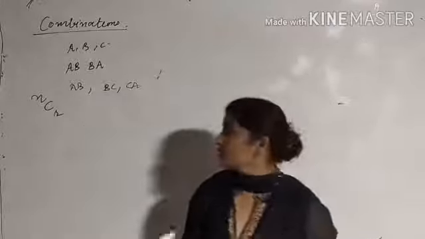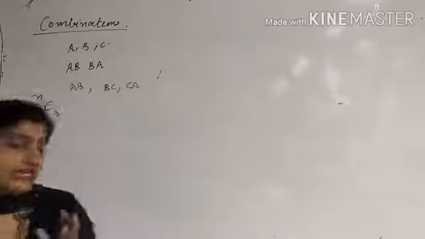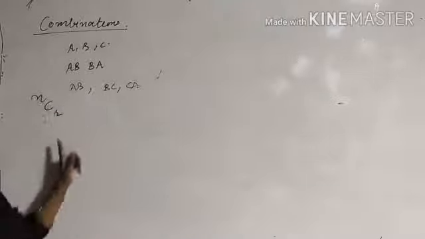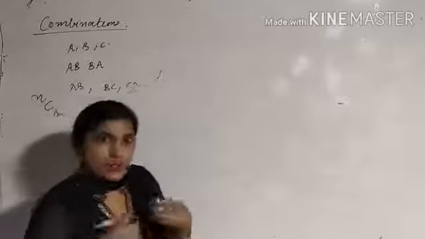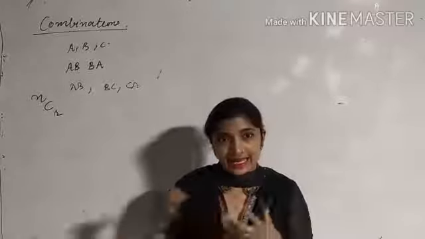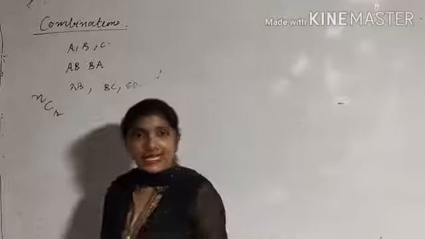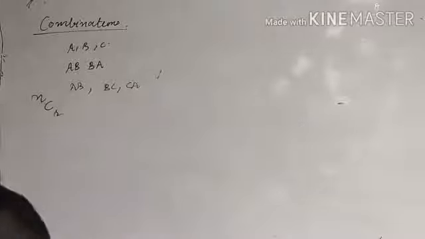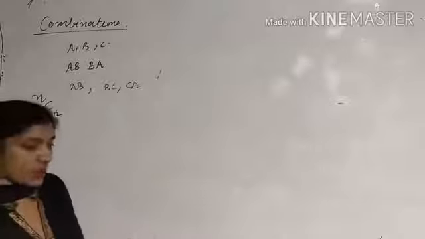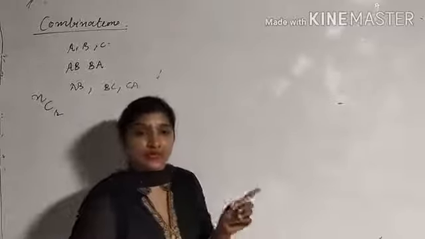Now to generate the formula for nCR, suppose we want to make groups of n objects taking R at a time. That means every time we have to make a group of R objects out of n objects.